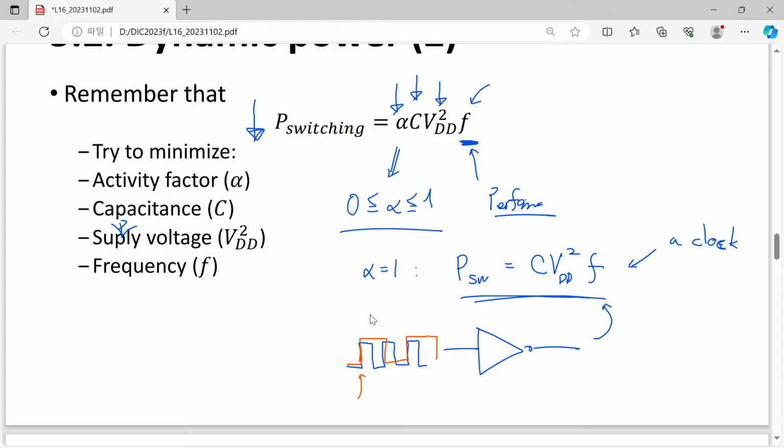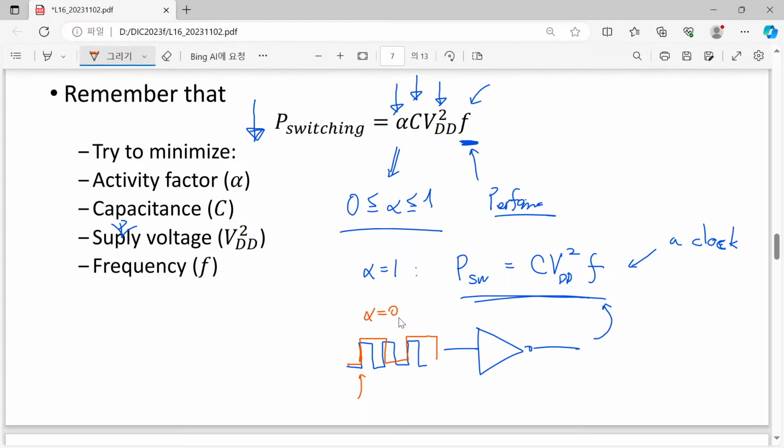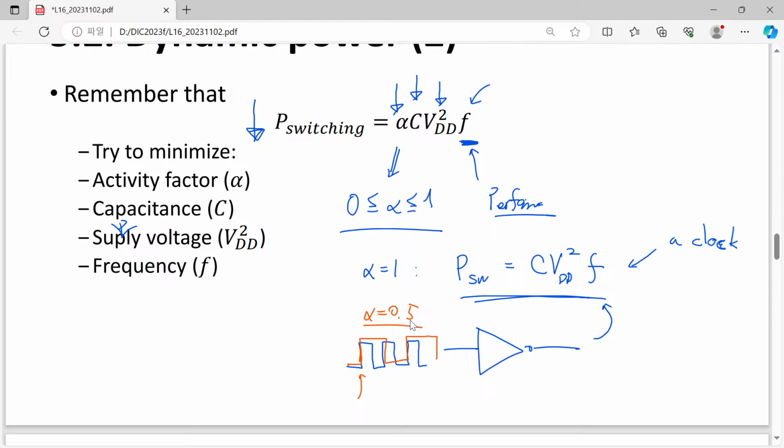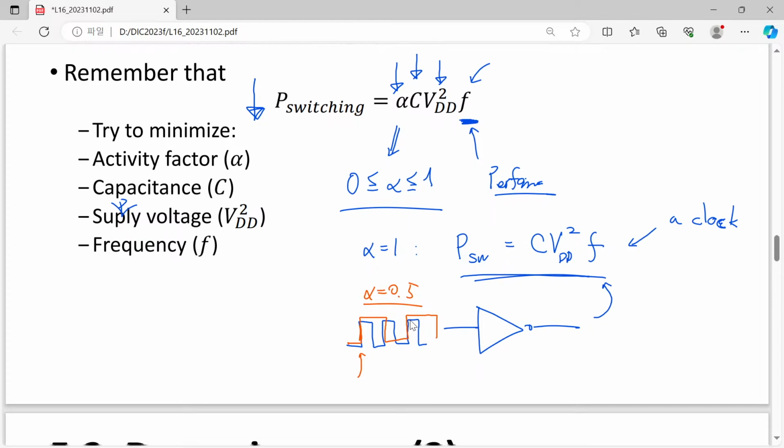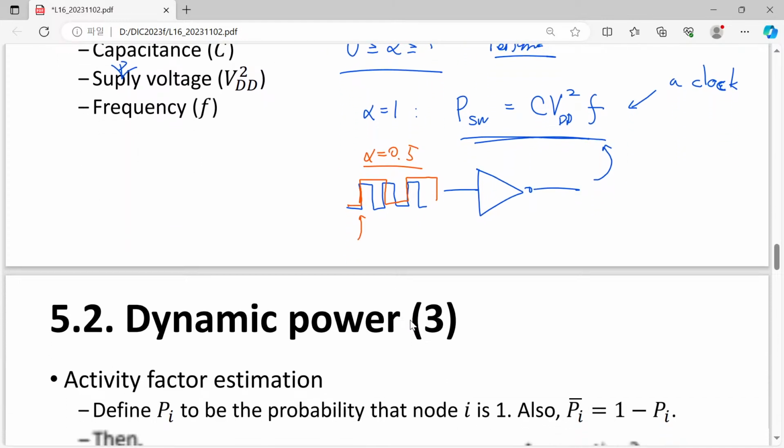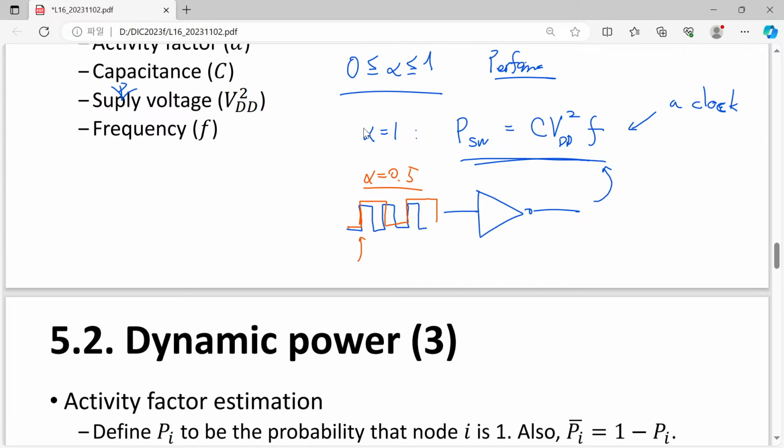maximum frequency or activity factor we can expect for a signal route is about 0.5. So alpha equal to 1 is really corresponding to the clock signal. However, this is once again the worst case we can think of.